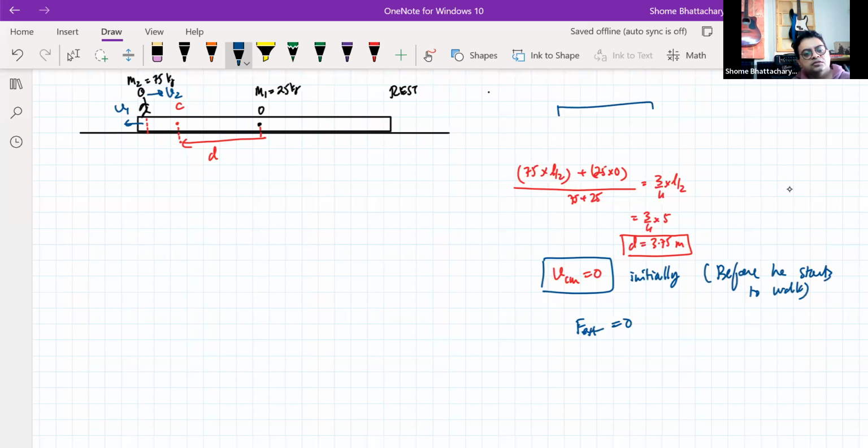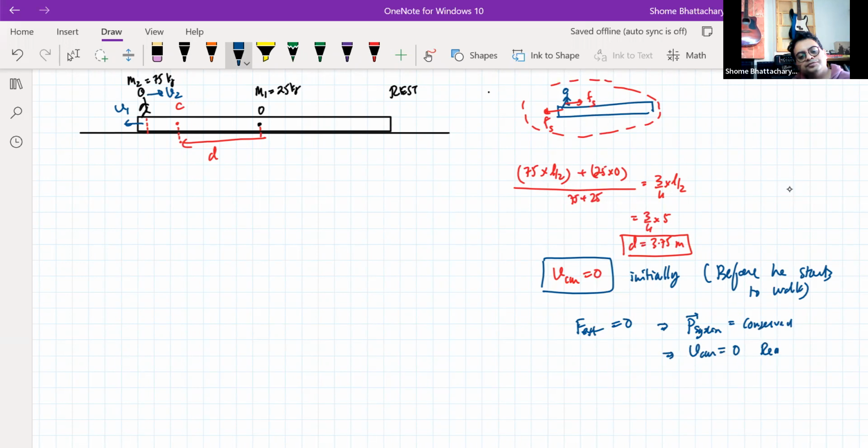Because if you see the force picture, when he starts walking, he applies a backward frictional force and the plank applies a forward static friction. But the external force on the system is 0. So that means momentum of the system remains conserved. That means velocity of the center of mass remains 0.